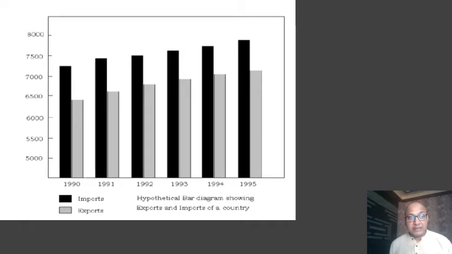On the x-axis is volume, and on the y-axis time represented in years, and volume of import or export. Black shade shows import and other colors show export.